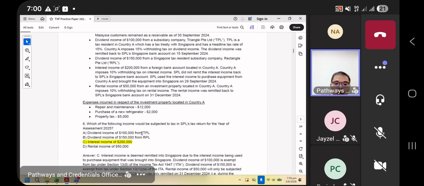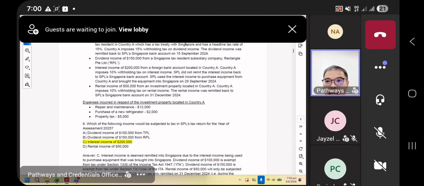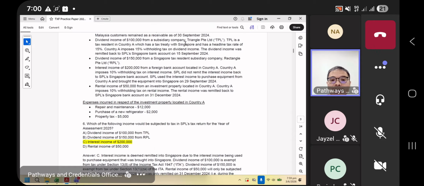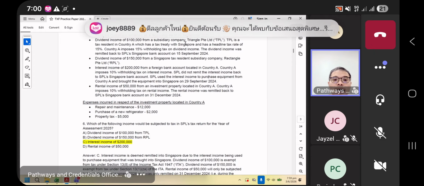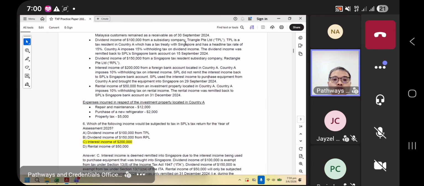Okay, the dividends income. Why is the dividends income from TPL not subjected to tax? Because this dividends income would qualify for the FSIE scheme that I mentioned earlier on. Under the FSIE scheme, if the dividends income is being paid out of a country where the headline tax is 15% or more, and the income has been subjected to tax in that country.